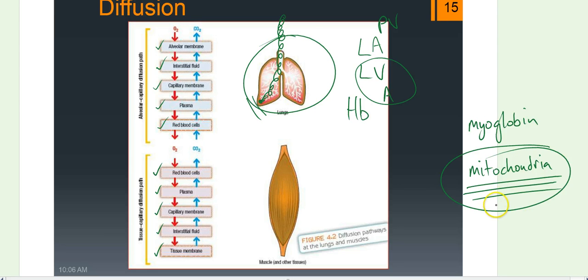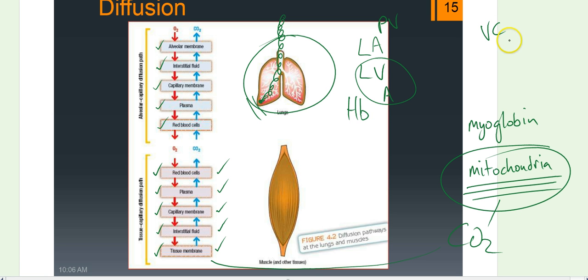We produce carbon dioxide here, which crosses the tissue membrane into the interstitial fluid, across the capillary membrane into the plasma, and is attached to the red blood cell. It then gets transported back into the heart. It will come into the heart via the vena cava.